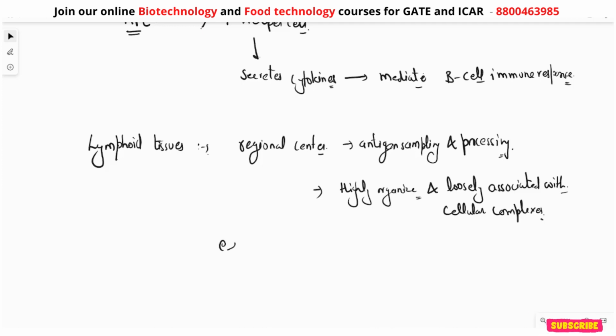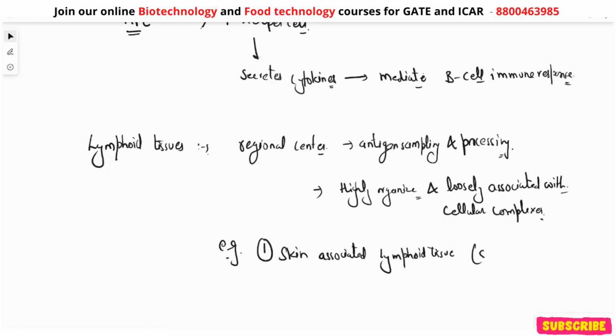For example, one lymphoid tissue is skin associated lymphoid tissue, also known as SALT. Another is mucus associated lymphoid tissue, called MALT.